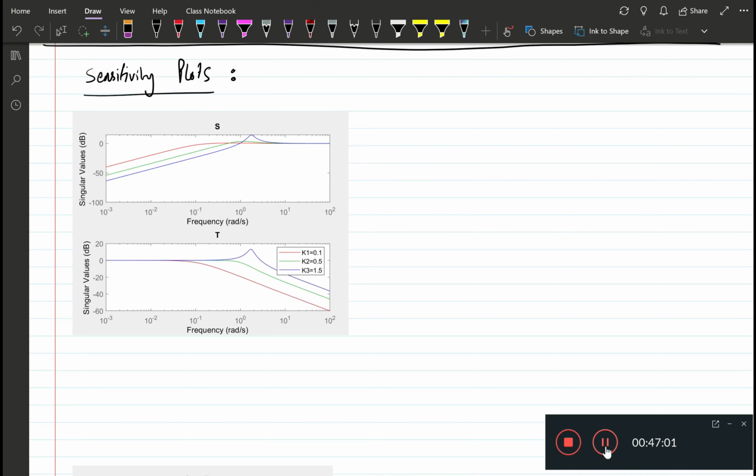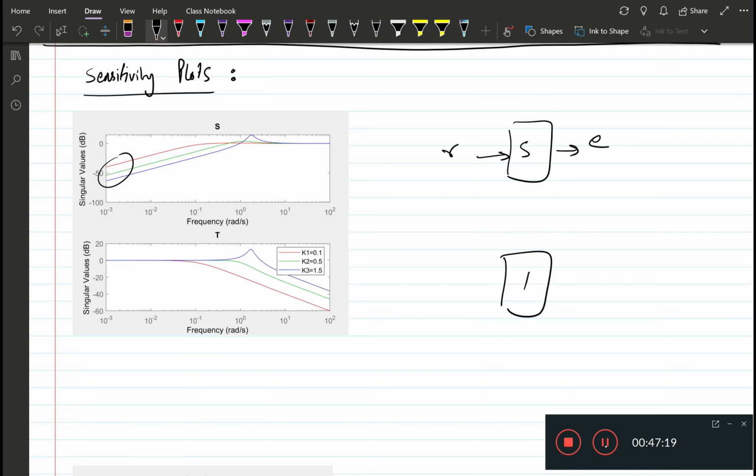We see for all three gains a slope of around 20 dB per decade in the low frequency region, and S, recall, is from R to E and T is from R to Y. So for low frequency reference inputs, we have 0 steady state error for all three gain values.